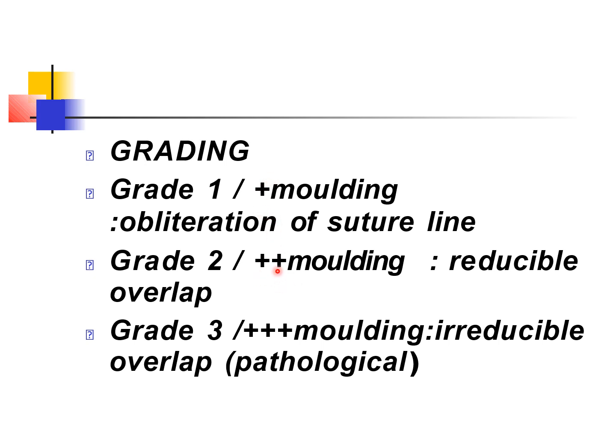In grade 2 the bones are overlapped, not in close proximity, but it is reducible after the delivery. It will disappear within a few hours after the delivery. And grade 3 is represented by 3 plus, and it is also overlapped, but it is not reducible, it is not corrected automatically, and it is pathological.